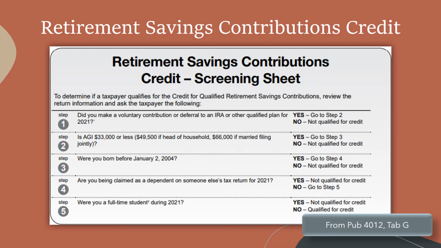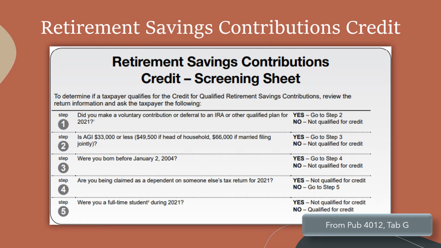For head of household, it's $49,500, and $66,000 if they're married filing jointly. So unfortunately, in the field, we don't see a lot of this credit just because that adjusted gross income is so low. Often our taxpayers who would qualify were not able to put money into a retirement plan, but occasionally we do see it.